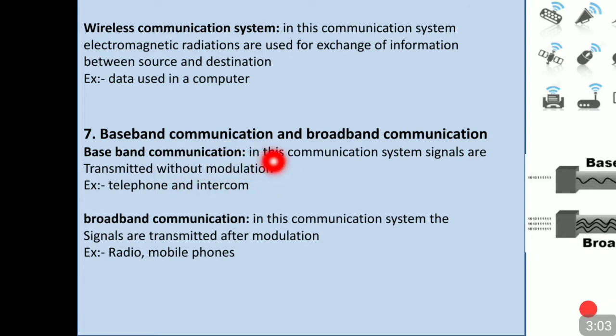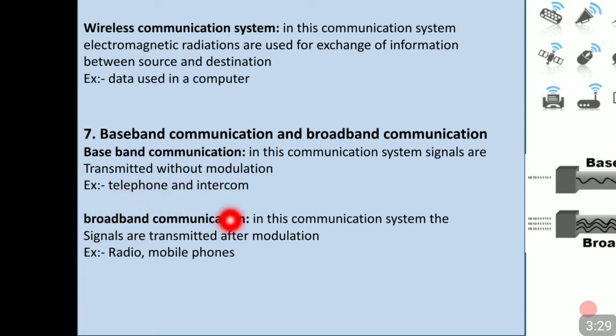No type of modulation is used, or I can say that modulation is not at all required for baseband communication system. The best example for such a system could be your telephone and intercom.